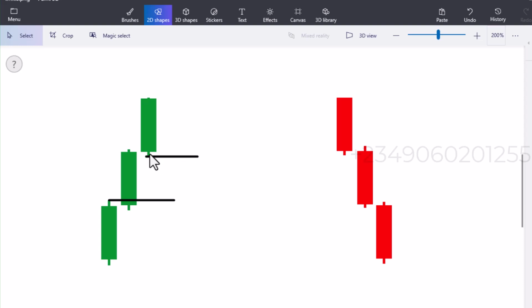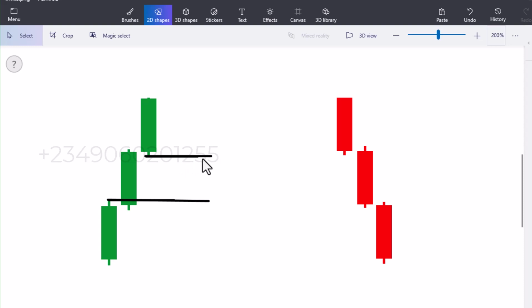To find our fair value gap, we mark the high of the upper wick of the first bullish candlestick in this pattern with a horizontal line. You can use your rectangular tool. Once you mark that level, then you mark the lower wick of the third candlestick, that is the extreme low.